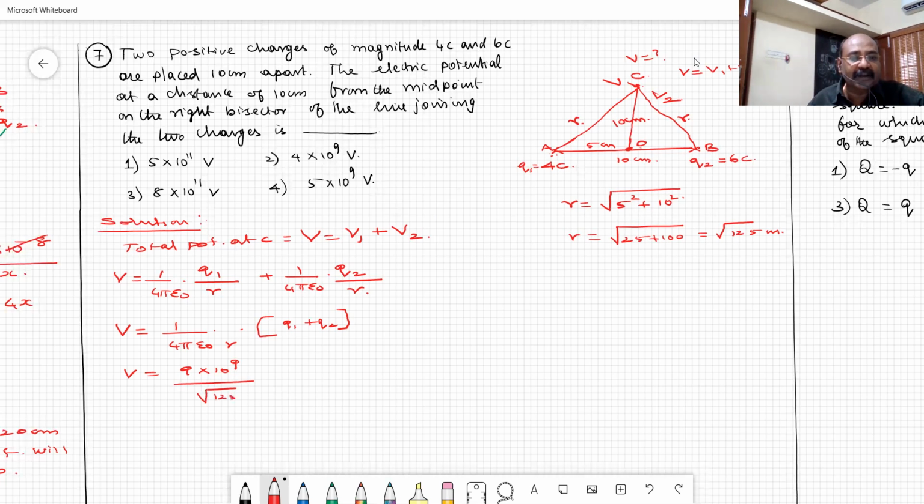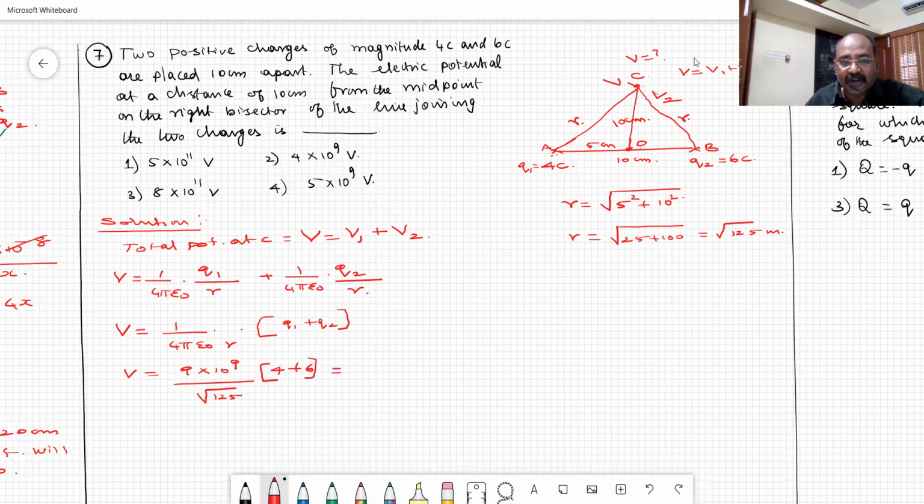So root of 125, then we write what are the charges? Q1 is considered to be 4 coulomb and Q2 is considered to be 6 coulomb.